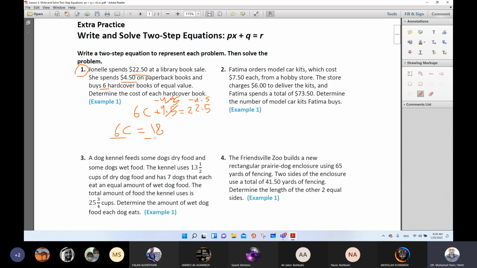Then you can divide the two sides by 6. Divide here by 6. Divide here by 6. 6 divided by 6 will be 1. So it means here C equal 18 divided by 6 will be 3.